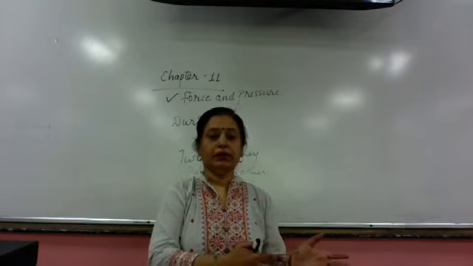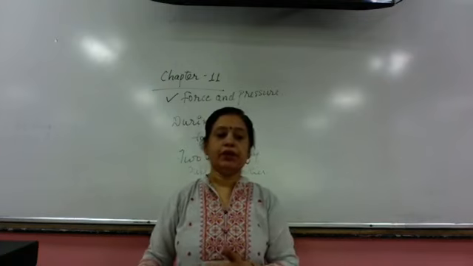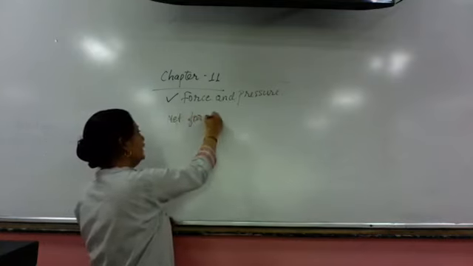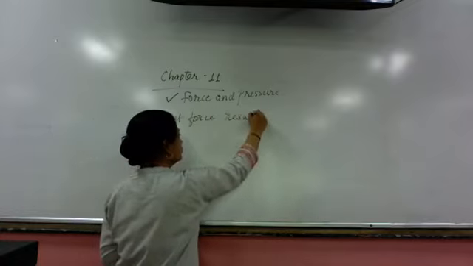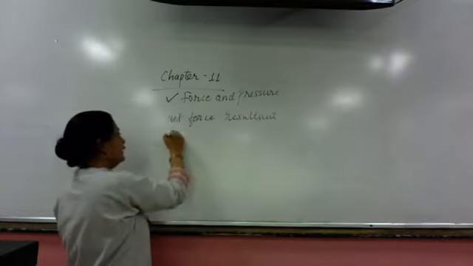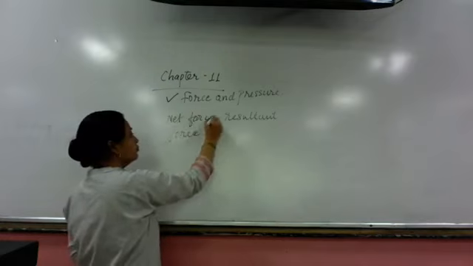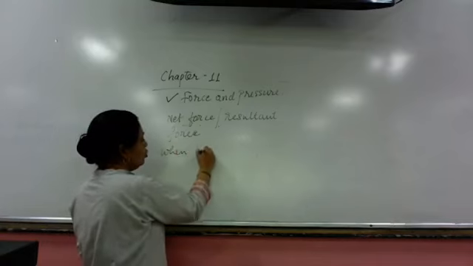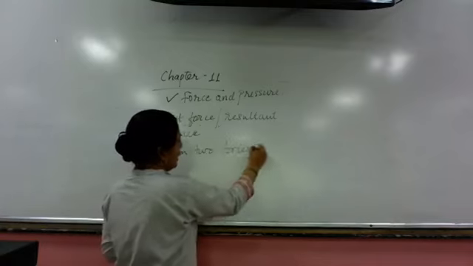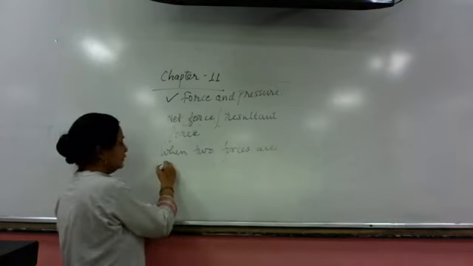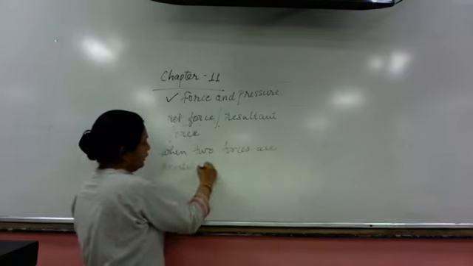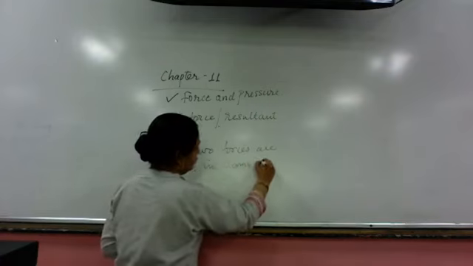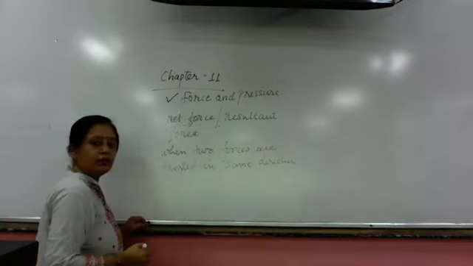The rope gets pulled towards the winning team on the basis of the resultant force. When two forces are exerted in the same direction, what will happen then?